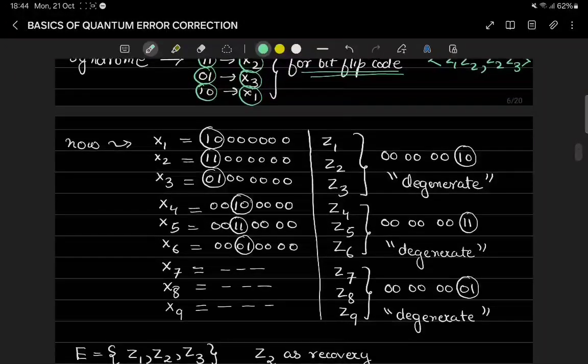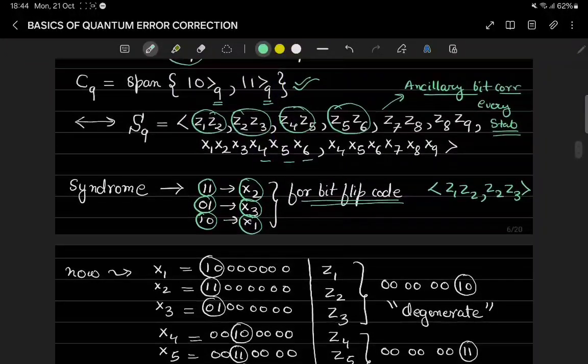So this I have shown here. Again, you will have the same pattern, that 1, 0, 1, 1, 0, 1 will code in an appropriate way. And similarly for X7, X8, X9, you will have 0, 0, 0, 0, 0, 1, then 1, 1 and 1, 0. So this was the reason why we used these pairs of Zs.